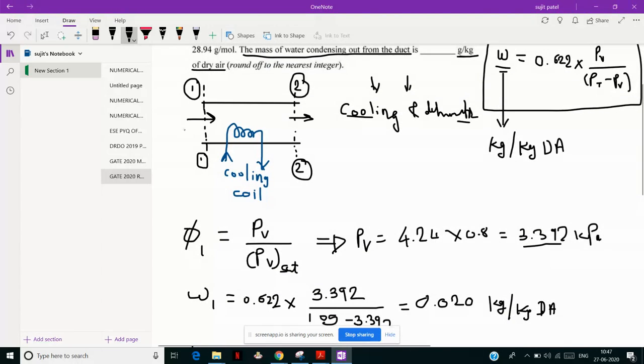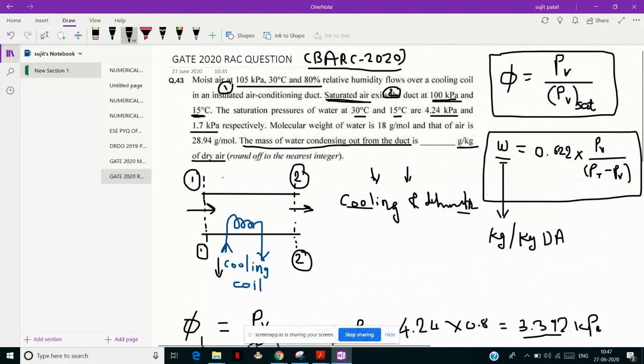Now, the air that is entering has some specific humidity, and the air exiting has another. That difference between the specific humidities is the amount of water that has been drained out. Okay, I hope you understand. The air coming in passes over the cooling coil, and it is cooled and dehumidified, so the moisture has been condensed out, and the remaining air comes out.